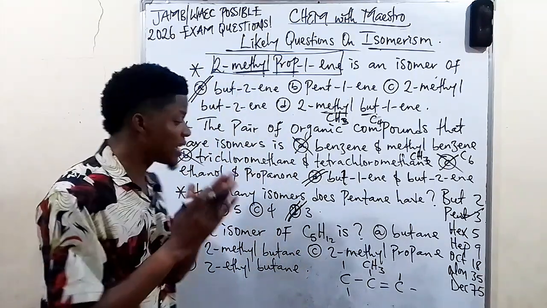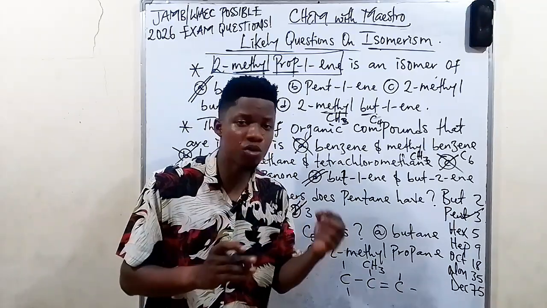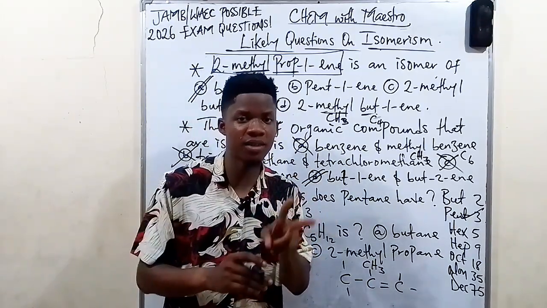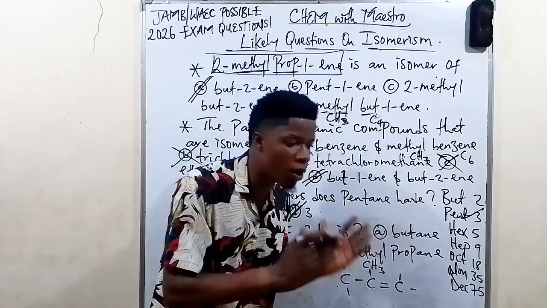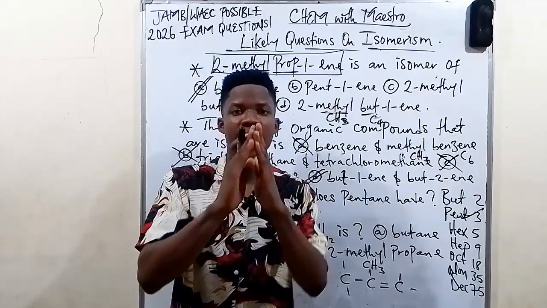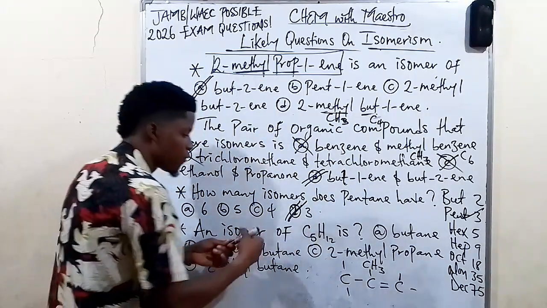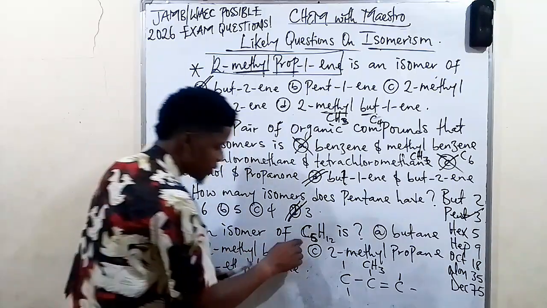Remember I told you, how do you determine if 2 compounds are isomers? Just count the number of carbons. If the number of carbons in the 2 compounds are the same, that means they can be isomers. So forget about the hydrogen, just concentrate on the 5. So it means 5 carbons.